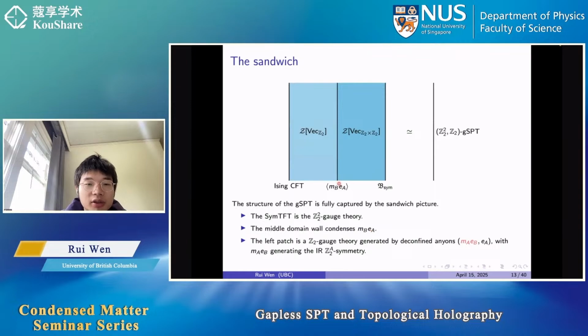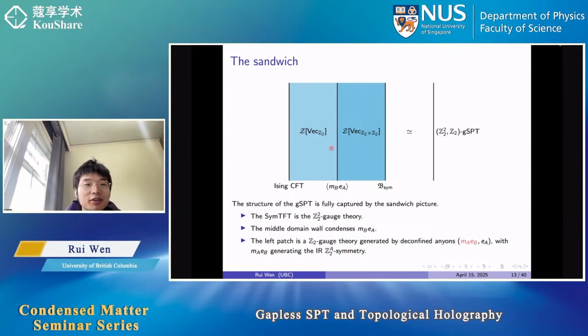So we do a condensation in the entire left region, to the left of the domain wall, including the domain wall itself, we condense MBEA. Then the left patch is the Z2 gauge theory generated by the deconfined anyons MAEB and EA, right? So this is in red, because this flux is actually decorated with a charge. So this MAEB will generate the IR Z2A symmetry.